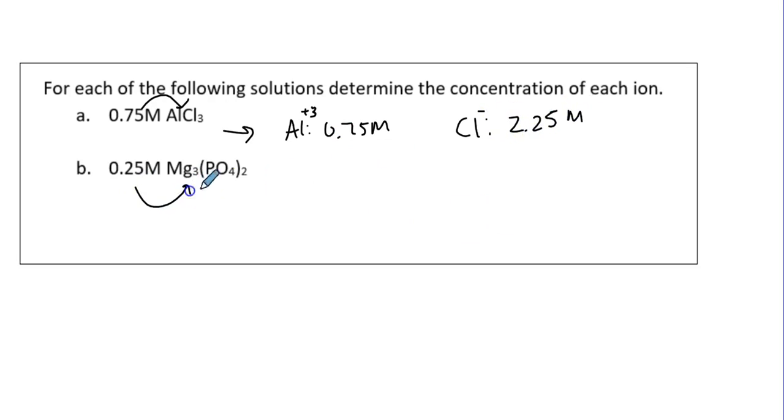This one times 3. The magnesium ion is 0.75, and the phosphate ion is 0.5.